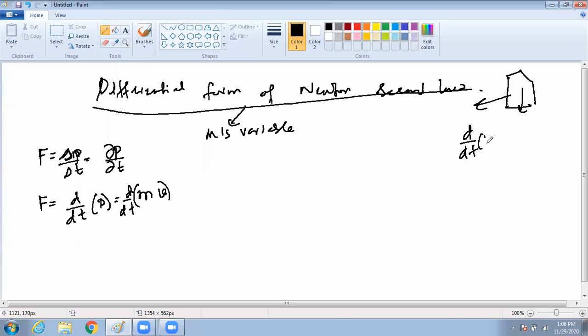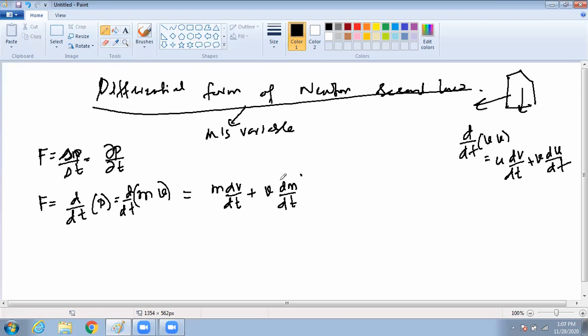U into V: what will it be? U dV by dt plus V into dU by dt. Remember basics, differentiation, guys. So what will it become? M into dV by dt plus V into dm by dt.